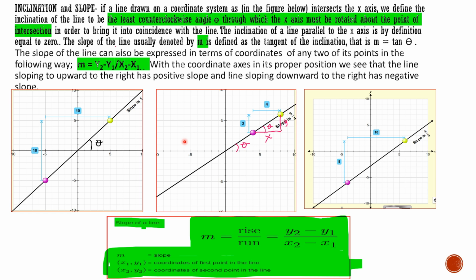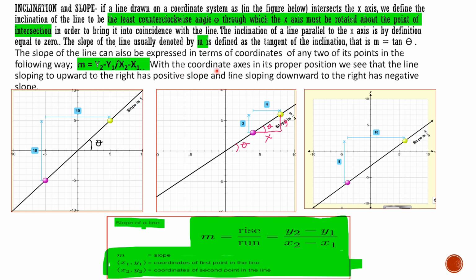The slope of the line can also be expressed in terms of coordinates of any two of its points in the following way. M is equal to y sub 2 minus y sub 1 all over x sub 2 minus x sub 1.